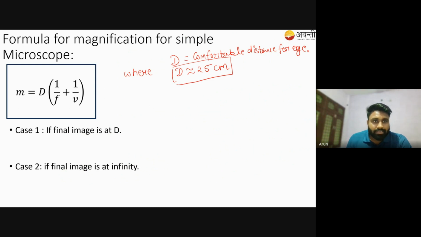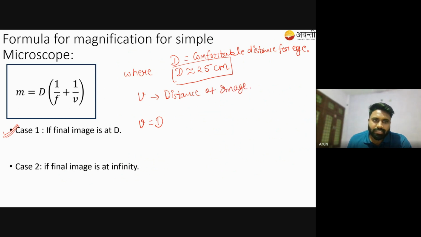Now, in case first, we are discussing if the final image is at D, means the final image that is formed will form at 25 centimeter distance. So here V you would put as capital D. V is the distance of image.